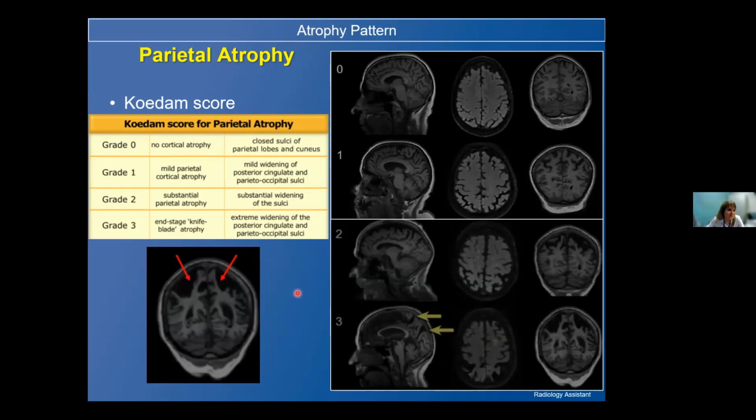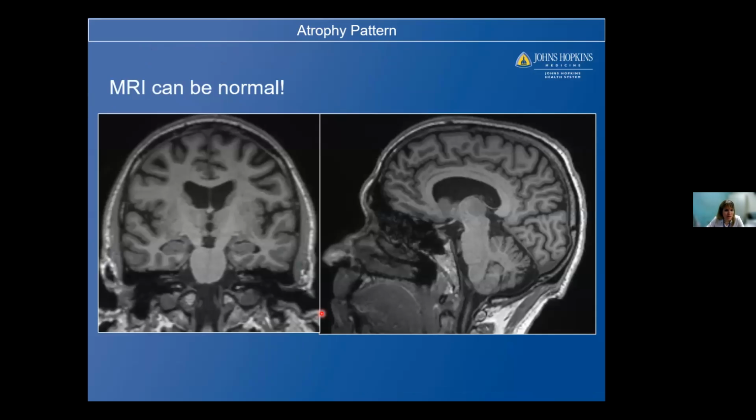So we see this very severe atrophy of this sulcus, this knife blade appearance of atrophy. And finally, although uncommon, remember the MRI can be normal in Alzheimer's disease.